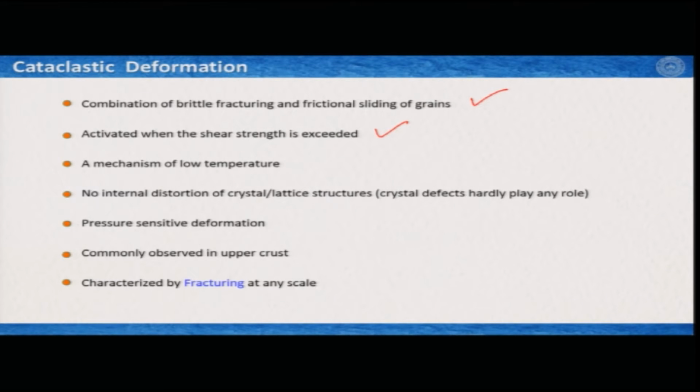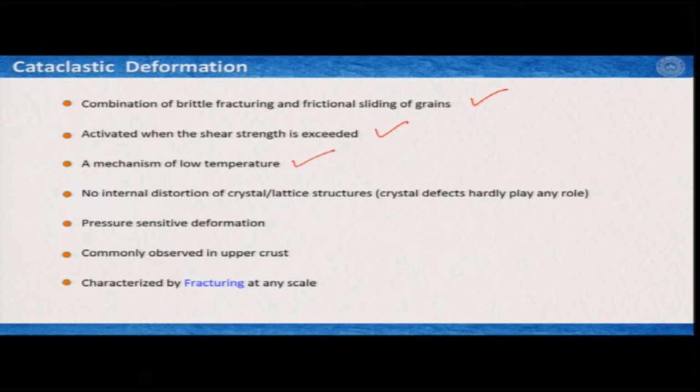Brittle deformation or cataclastic deformation, as we have learned, has to be a low temperature process. Therefore, we mostly see this either in the shallow crust or on the surface. As I said, there is no internal distortion of the crystal or lattice structures during cataclastic deformation.